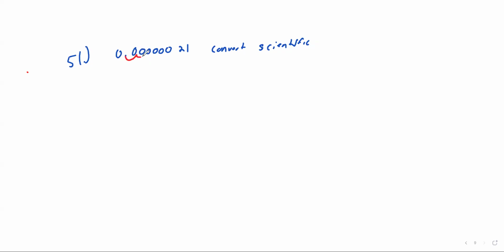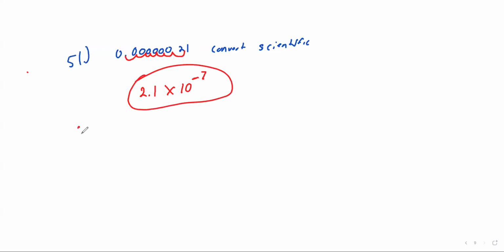So 1, 2, 3, 4, 5, 6, 7. That's going to be times 10 to the 7th power. But notice this is a decimal, so it'd be negative, so that when I rework it, I would move the decimal to the left. The number I'm left with is 2.1, which is between 1 and 10.